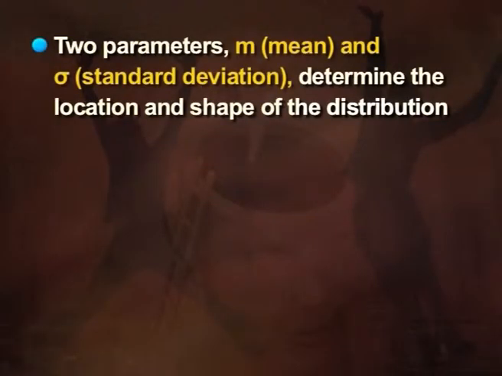Here we can see the properties such as 2 parameters, mu and standard deviation, that determine the location and shape of the distribution, where mu is the mean and standard deviation is denoted by the symbol presented in the slide.